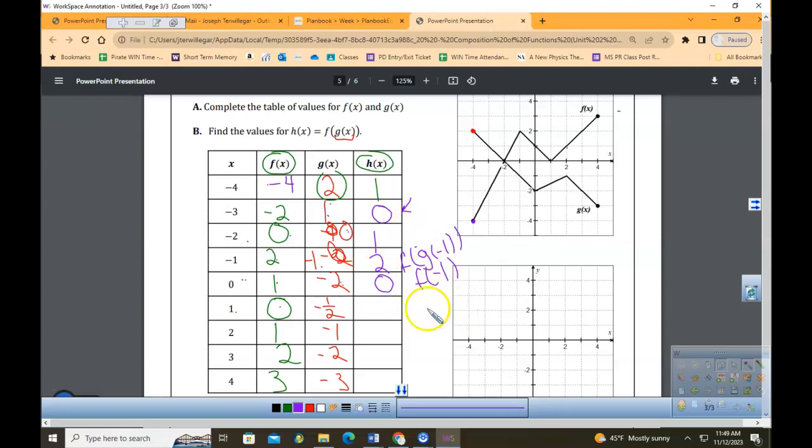Okay? This one's tricky. G of 1 is negative a half. F of negative a half is, well, oh, that's negative 1.5.